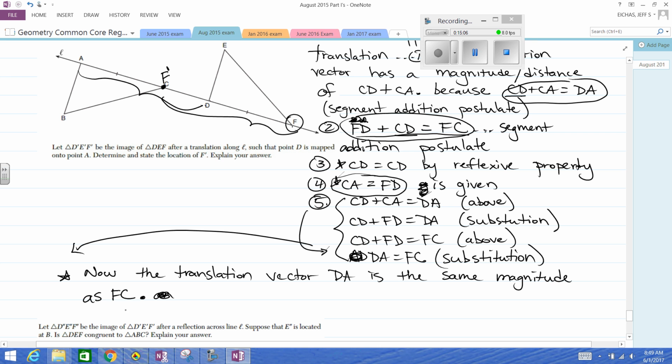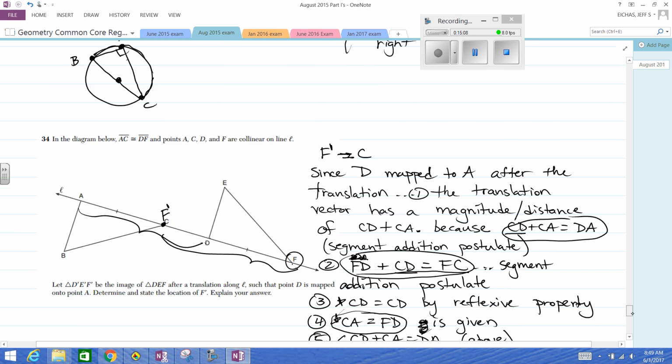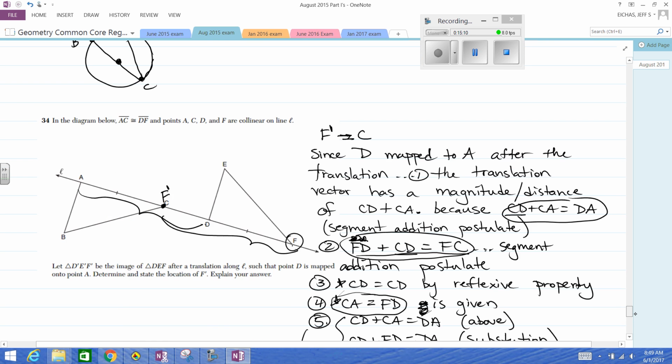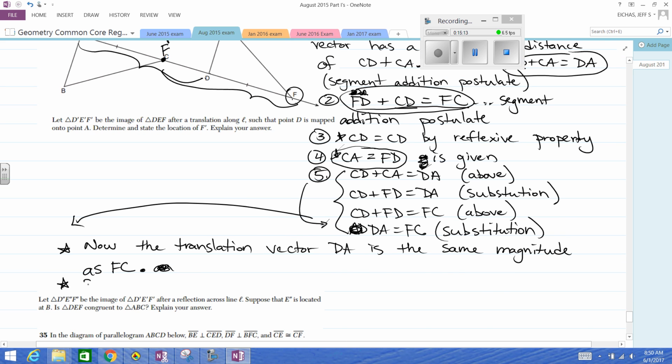That's one point. Now, the other idea is the fact that they're collinear.